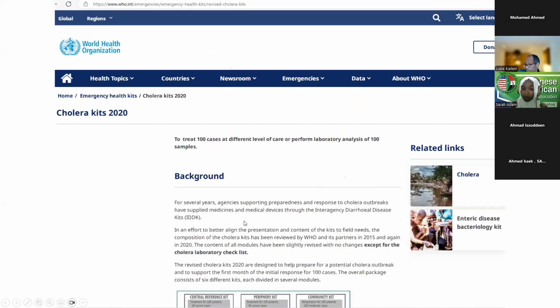I think these kits were updated in 2022, I believe, but it's a nice website, and theoretically speaking, you could order from WHO through this website.